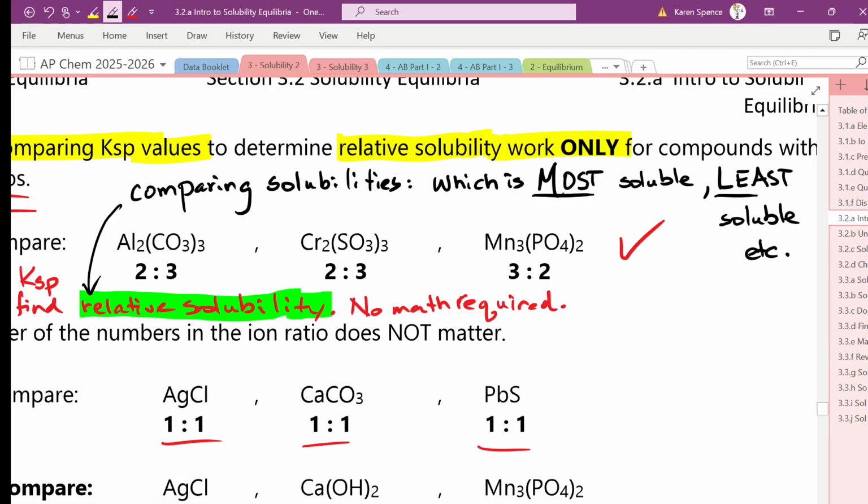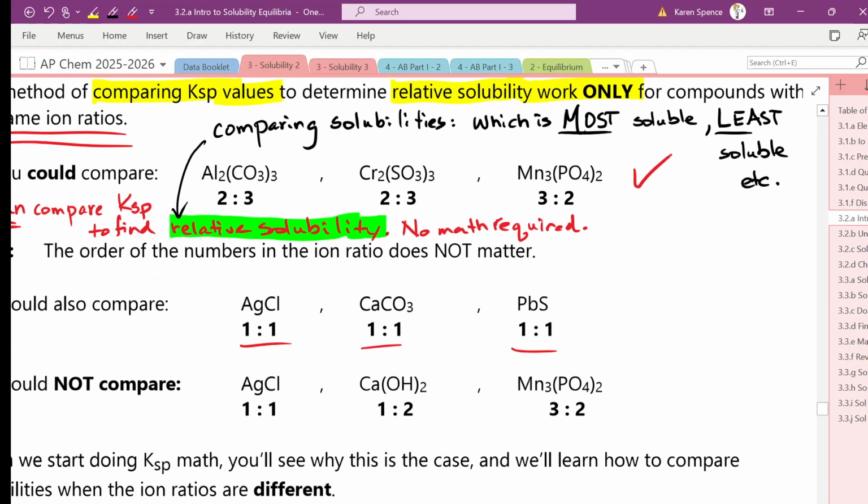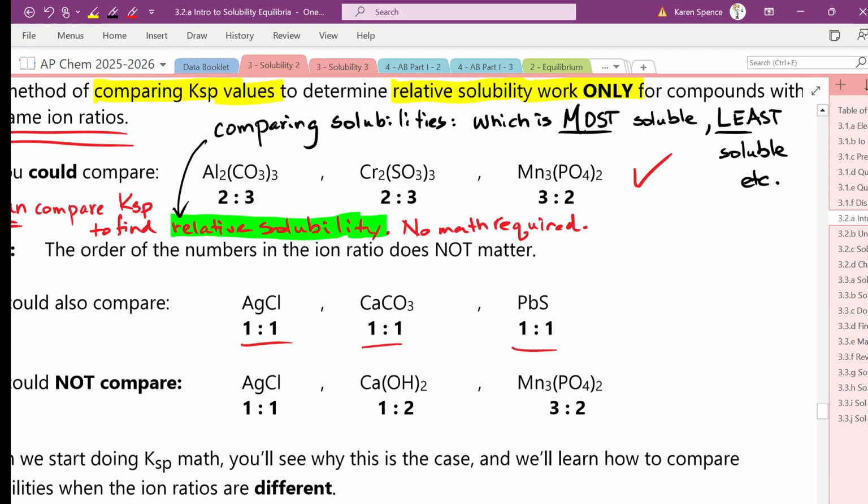Okay, so that's all it is. Could you compare silver chloride, Ca(OH)2, Mn3(PO4)2? What? No. Not yet. Requires math.